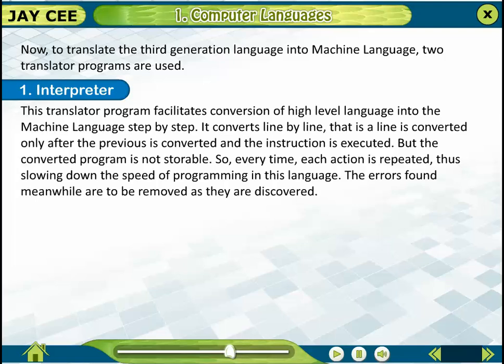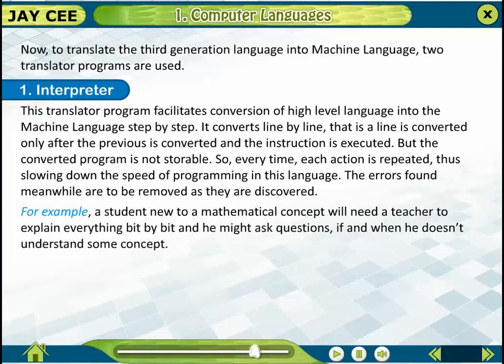It converts line by line, that is, a line is converted only after the previous is converted and the instruction is executed. But the converted program is not storable. So, every time each action is repeated, thus slowing down the speed of programming in this language. The errors found meanwhile are to be removed as they are discovered.